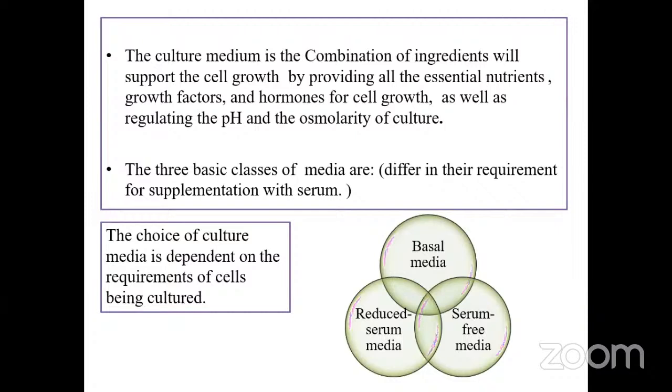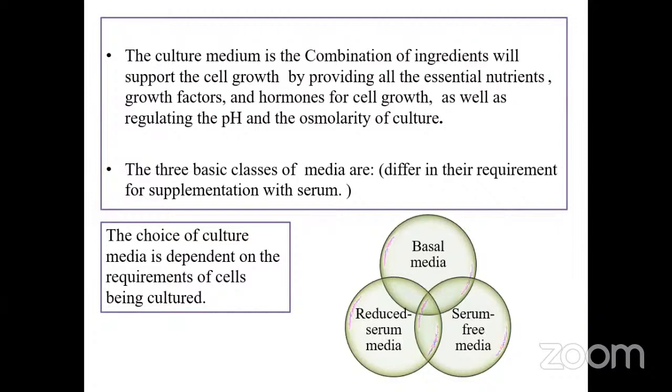So the culture medium is the combination of ingredients which supports the cell growth. What are the ingredients? Nutrients, growth factors, hormones, and these are like food for the cell. And we have to create the environment also. So what are the components of the environment? pH.